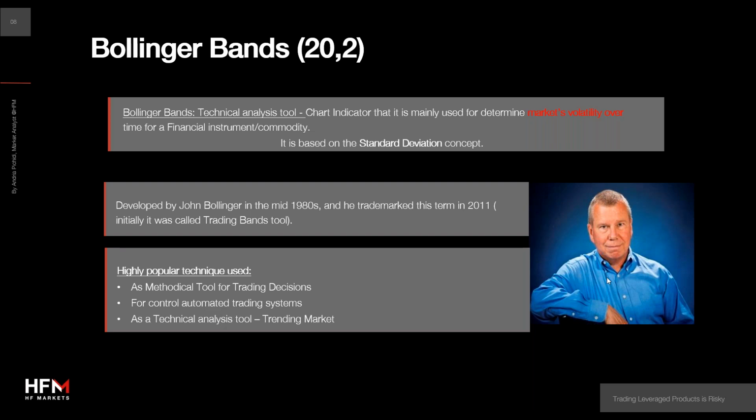Bollinger Bands is a technical analysis tool, and more precisely, an oscillator. It's an indicator which we see applied on the chart, not below the chart, and it can be used for identifying market volatility over time for any type of instrument.